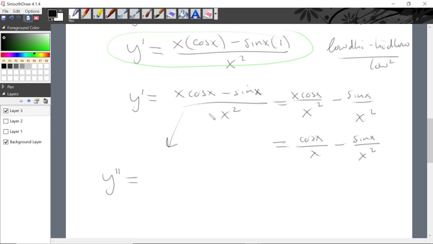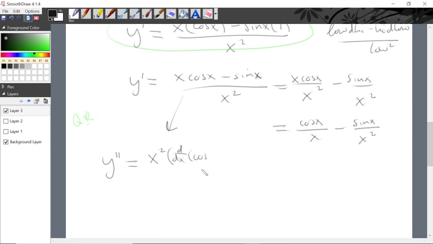Okay, it is another quotient, so a second instance of a quotient rule. And within that quotient rule, it looks like we're going to be dealing with another product rule as well. Okay, quotient rule, low d high. So we start with x squared is low, and then we need the derivative of the numerator. I'll write that we're taking the derivative of the entire numerator, the derivative with respect to x of x cosine x minus sine x.